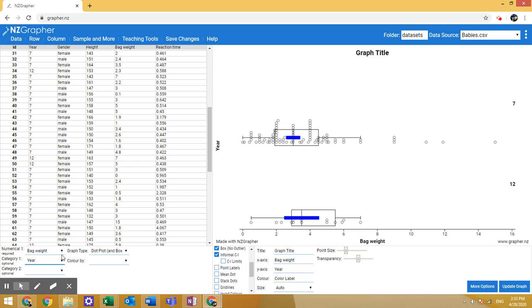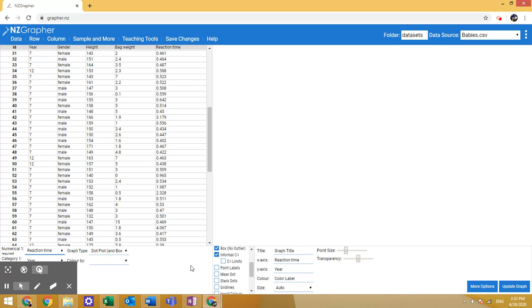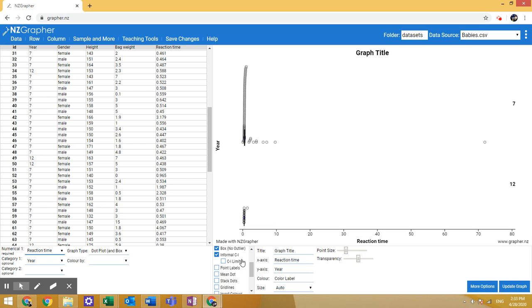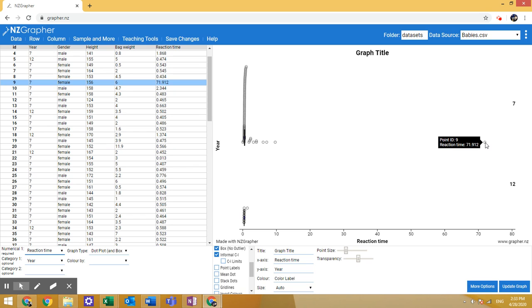So let's try another variable instead. Let's try reaction time. Now we've got something really weird here. It's really squished up so much that we can't even see our box and our whiskers. And it's because of this person here who was distracted or got lost or didn't know what they were doing and took 71 seconds to react to this particular thing.